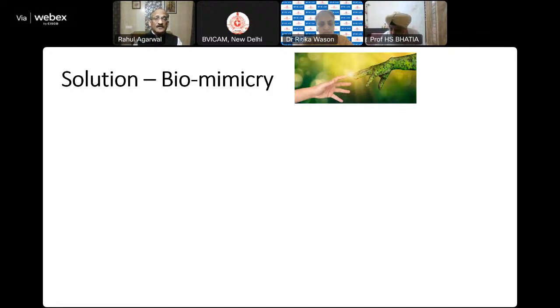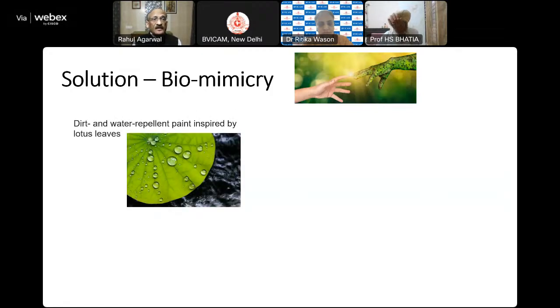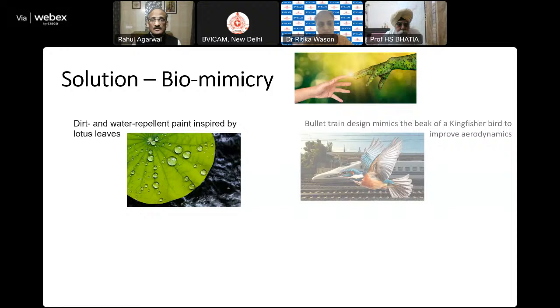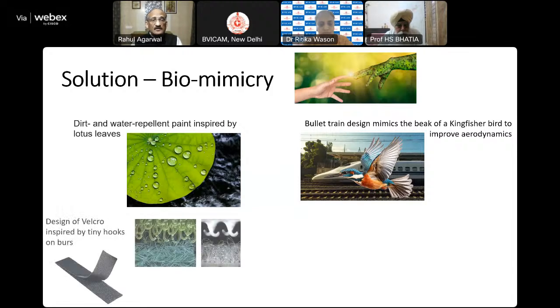So what's the solution? So solution is coming from the nature, or what we call as biomimicry. So we know that nature has perfected different systems through evolution over time. Like if you look at dirt and water repellent paints, which are inspired by lotus leaves, we have a bullet train design, which is mimicking the beak of a kingfisher bird to improve its aerodynamics.